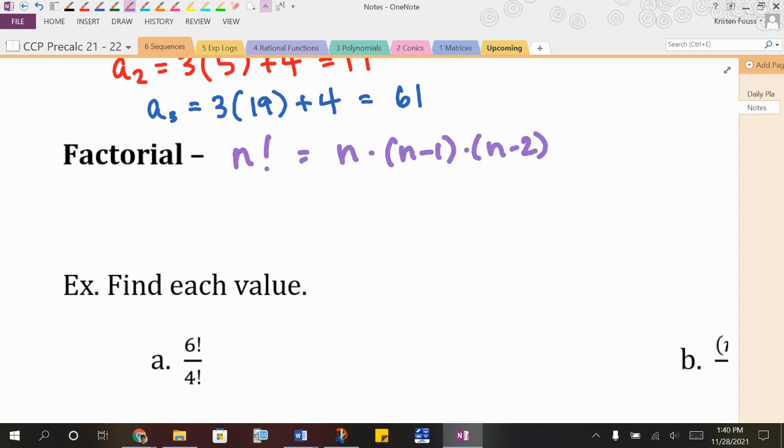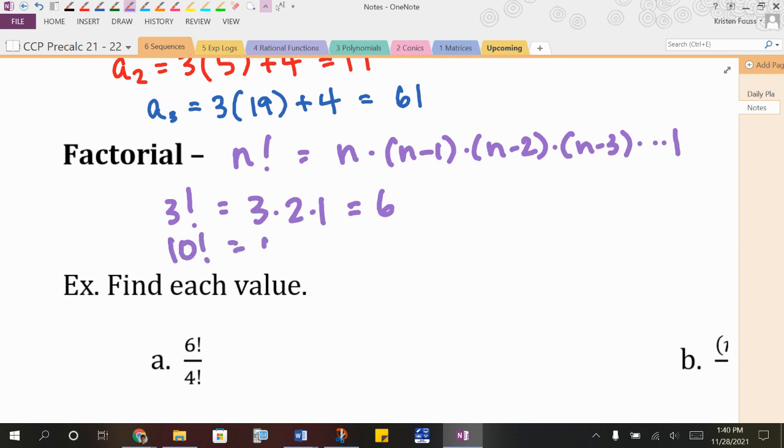So notice I'm just saying n minus 1, n minus 2, etc., until we get down to the number 1. So 3 factorial would be 3 times 2 times 1, which is 6, right? Or 10 factorial would be 10 times 9 times 8 times 7, blah, blah, blah, until I get to 3 times 2 times 1. And I have no idea what that is.